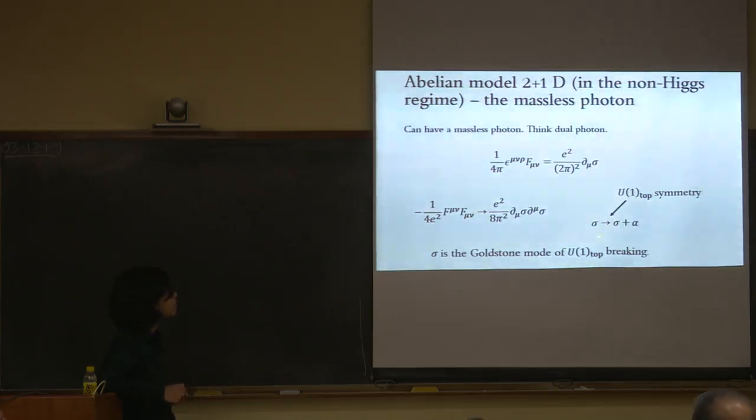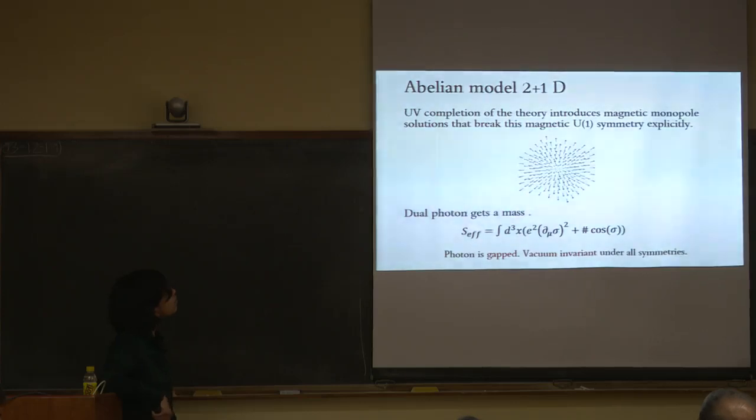Before you do the Polyakov mechanism, sigma, the dual photon, is the Goldstone boson of U1 topological symmetry spontaneously breaking. But now you can take the abelian model and UV complete it using either an SU2 gauge theory, or on a lattice.